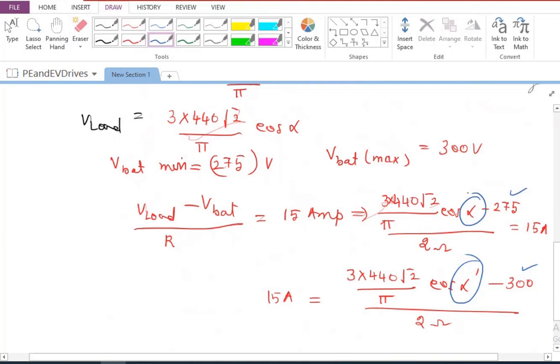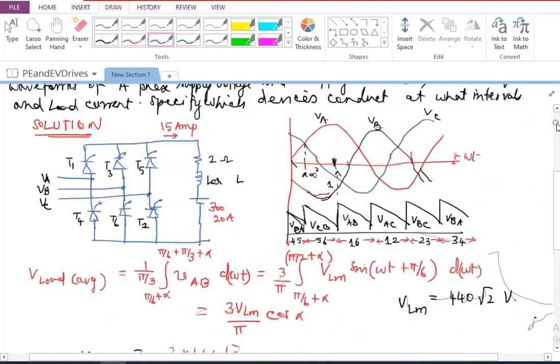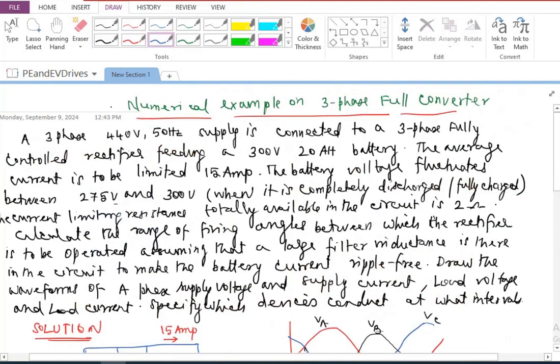Alpha comes out to be 59.1 degrees, whereas alpha dash comes out to be 56.25. So this is the range of alpha in which my rectifier can work so that the current is not exceeding this 15 amperes. So that we have solved for.